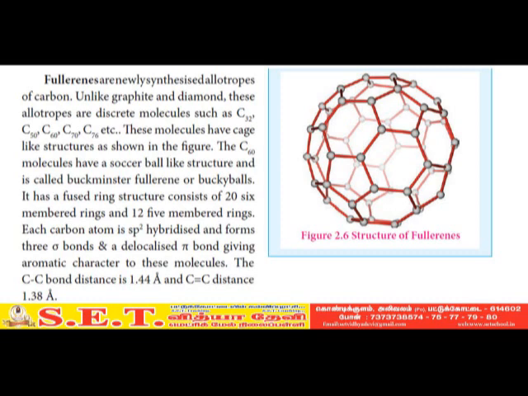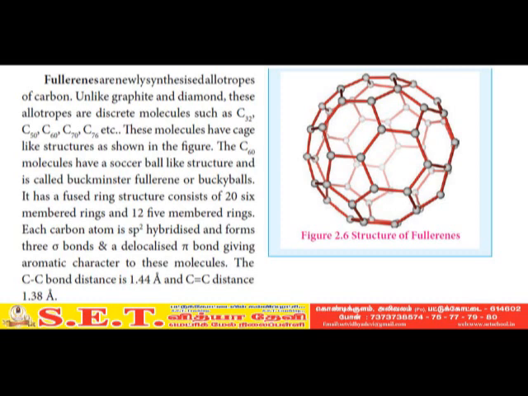Repeated question: define Bucky ball. You have to write: the C60 molecule has a soccer ball-like structure, it is called Buckminsterfullerene or Bucky ball. Two more questions may be asked. It has a fused ring structure consisting of 20 six-membered rings and 12 five-membered rings.